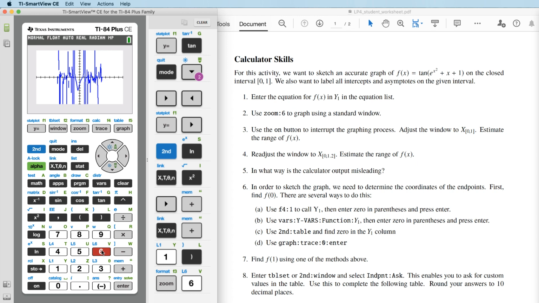And on your handheld calculator, it probably didn't graph as quickly as it did for me here on my emulator.